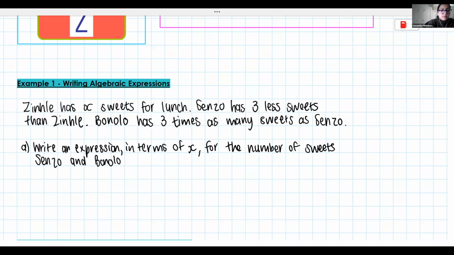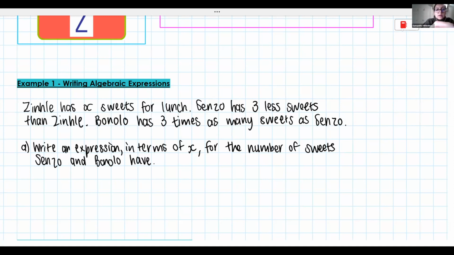Based on my initial sentence, and this is why we say in terms of x, the expressions I'm going to write down need to have x somewhere in them, because they all relate back to how many sweets Zintle had.